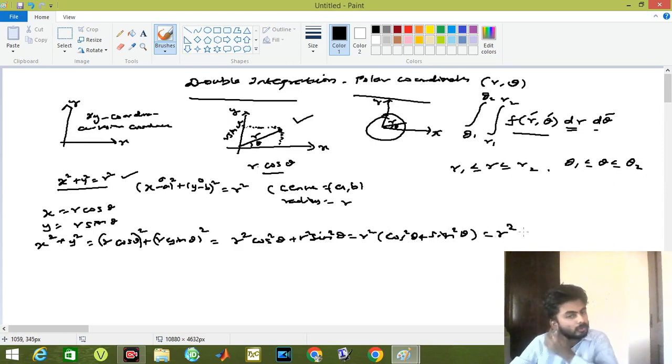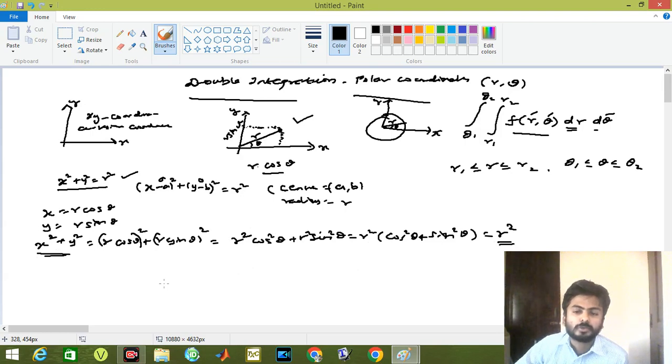So this gives the equation of circle. When center is 0 comma 0 you will have x square plus y square equal to r square.